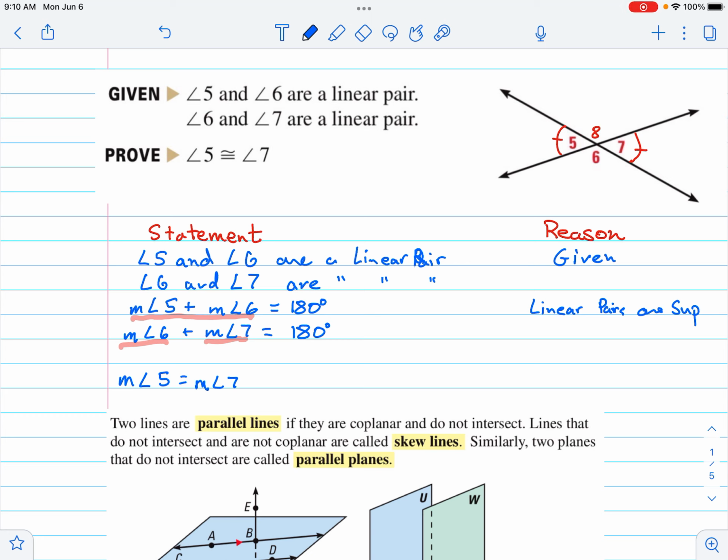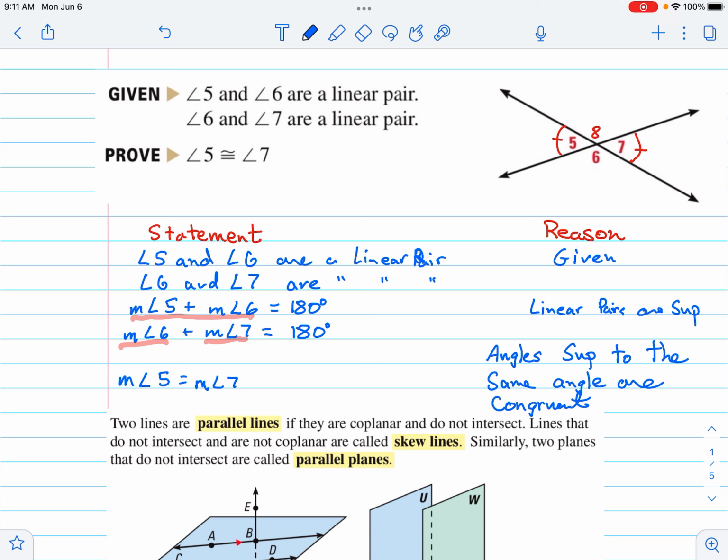Because angles supplementary to the same angle are congruent. That makes good sense, right? Angles supplementary to the same angle are congruent.